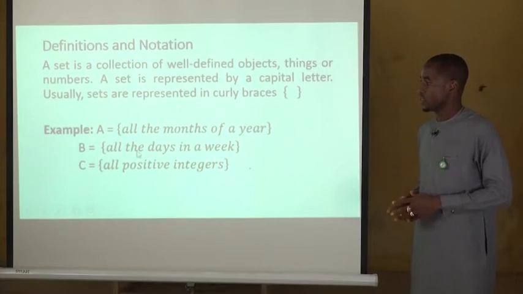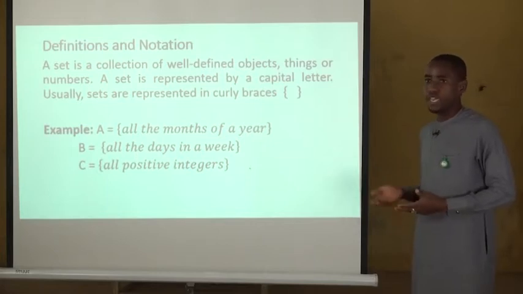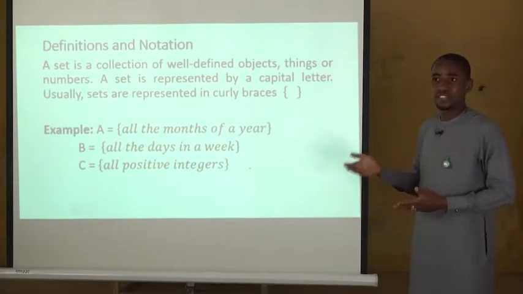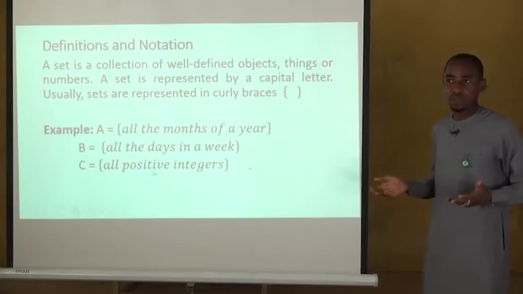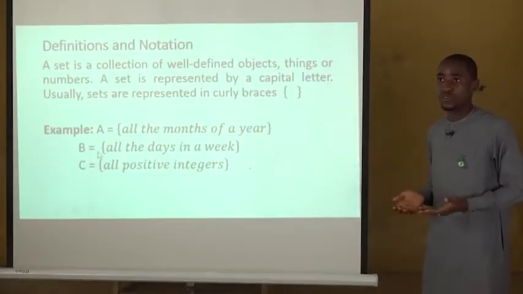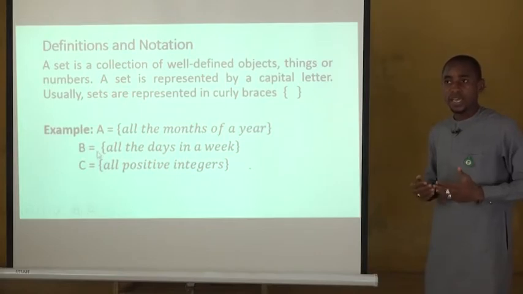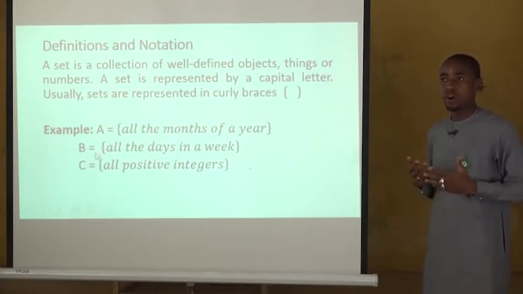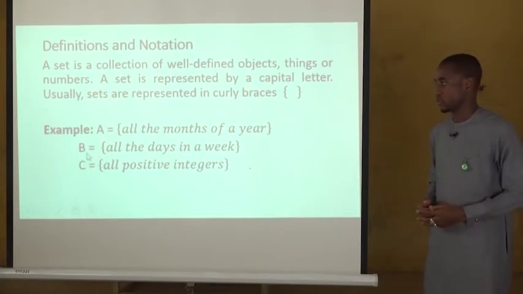But if we say set B is a set of Monday, Tuesday, Wednesday, then we include a month in set B, then it is not well-defined because a month is included within days. Therefore, it is not well-defined. That is why we said a set is a collection of well-defined objects or things.